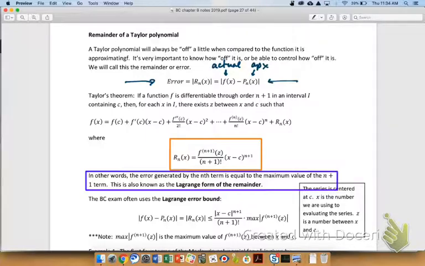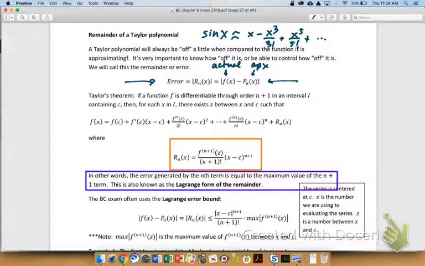Do you remember, I'll write this off to the side and then I'll erase it. Do you remember how the sine Maclaurin polynomial is x minus x cubed over 3 factorial plus x to the 5th over 5 factorial plus ... So in this case, the next term would be x to the 7 over 7 factorial.